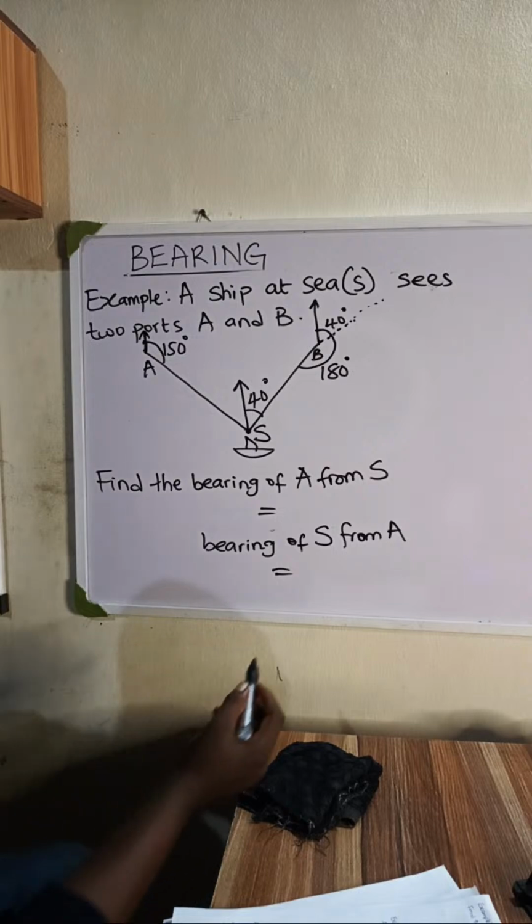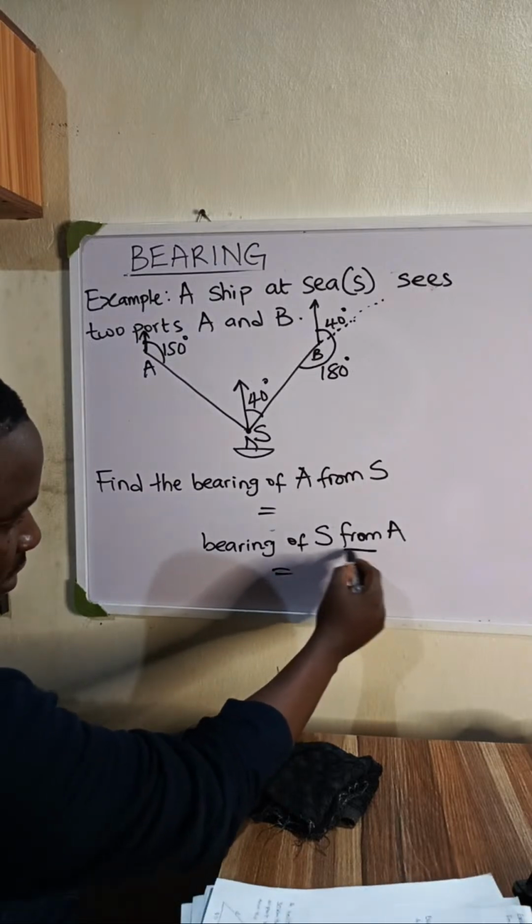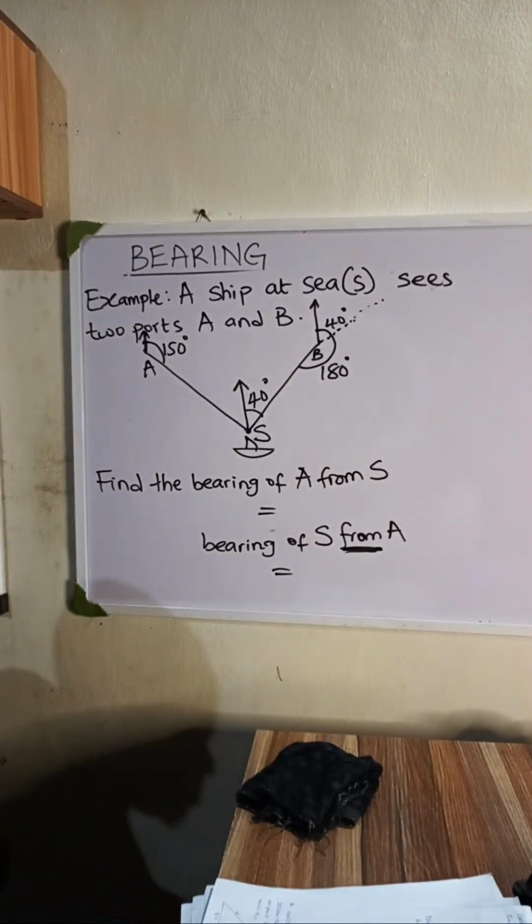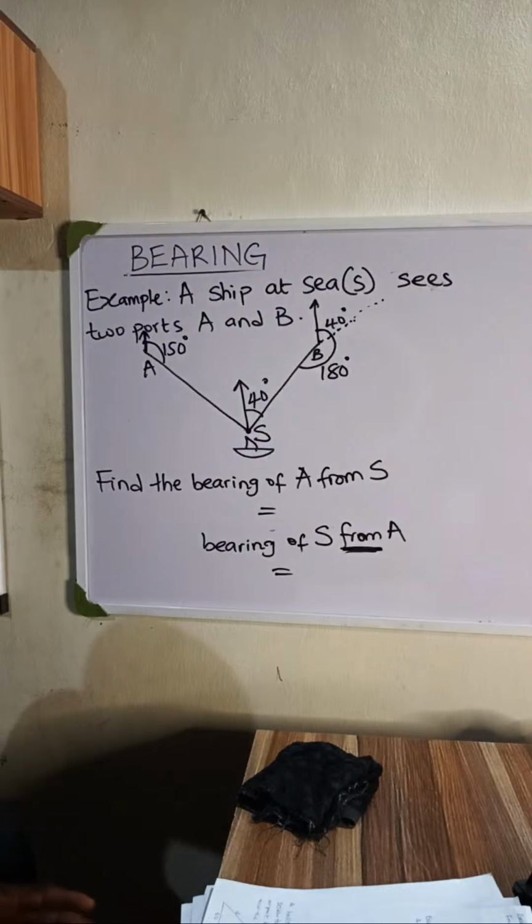You see, the most important word in bearing is this, from. Very important. And that was what I explained at the beginning of the class. What does that from represent? Where are you starting from? Where are you ending?